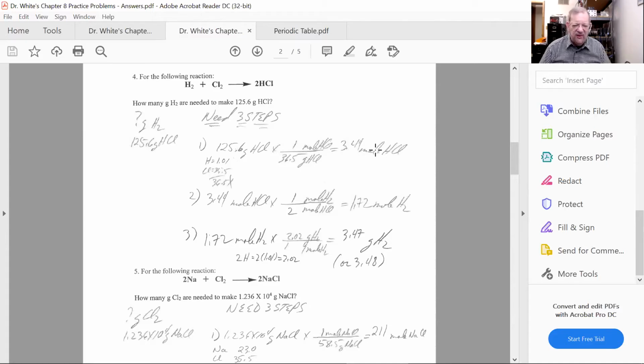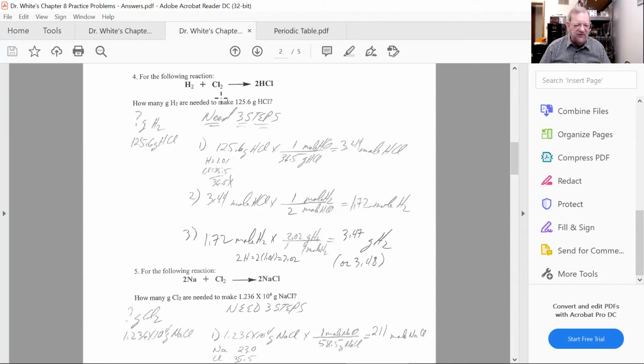Second step, the moles of what we just calculated, we convert to moles of the answer we want to get. In this case, hydrogen. Here's what I have right here. Here's what I'm trying to get to. Moles of hydrogen goes on top. Moles of HCl go underneath. Where do you get those numbers?